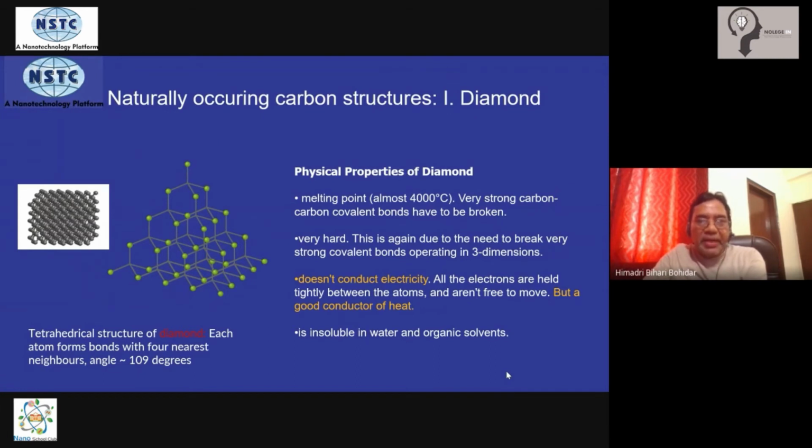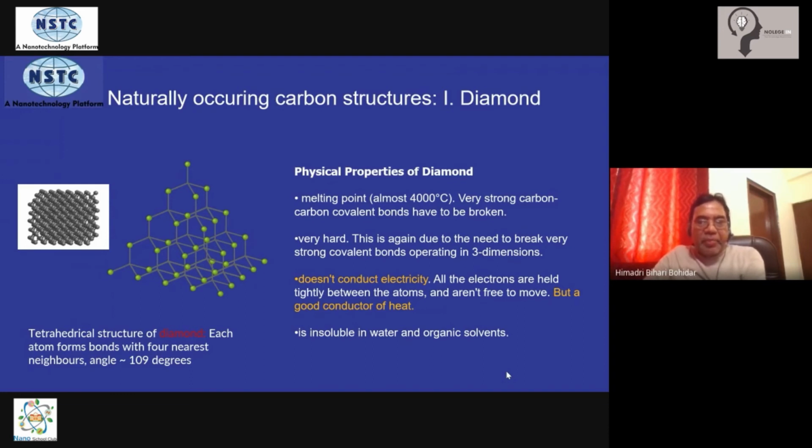So these are all very tightly held covalent bonds, giving a lot of rigidity to this material, very difficult to bend or structure it, and therefore melting this material is very, very difficult and happens at very high temperature. So diamond happens to be one of the strongest known materials.